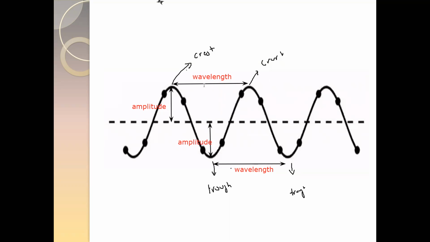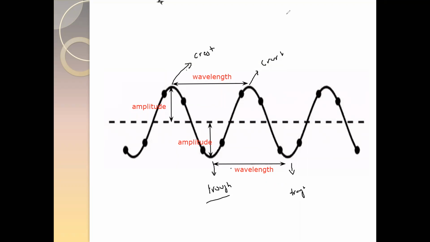So for a transverse wave, these are the terms which we use to explain it. The highest position is known as a crest. The lowest position is known as a trough. The distance between the two successive crests is known as a wavelength. Two successive troughs is also known as wavelength. The distance from mean position to extreme position is known as amplitude.